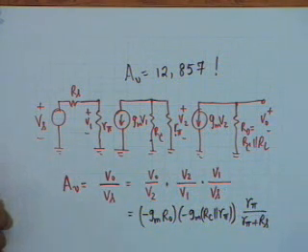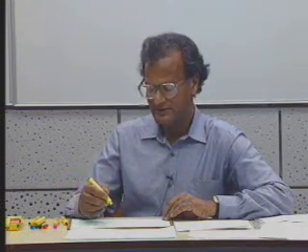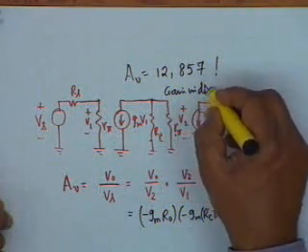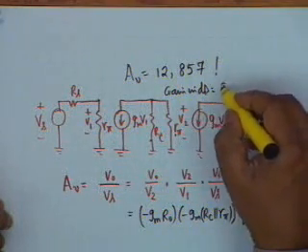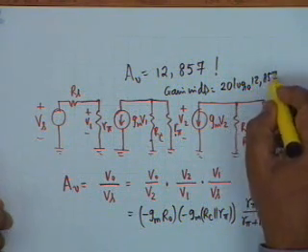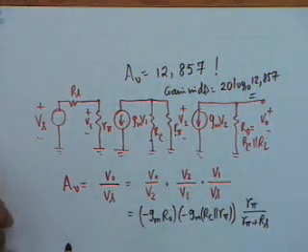We have not asked for very sophisticated transistors. They are commonly available, beta equal to 100. That's not a very large beta transistor. Now such a large number usually is expressed in decibels. If you want to express in decibels, then you should take 20 log 10 of this number, and I leave it to you to calculate how many decibels this shall be.